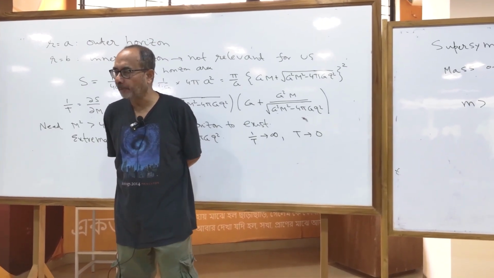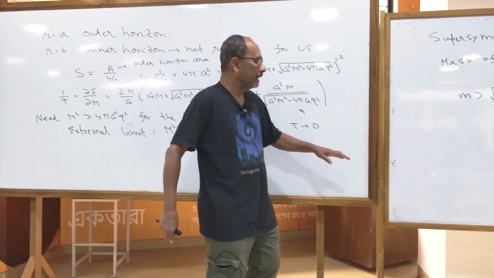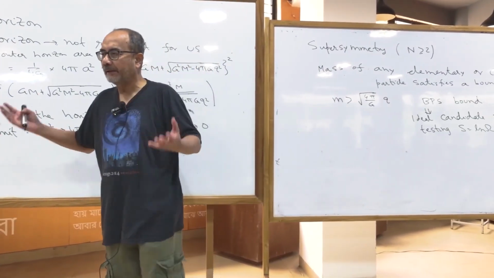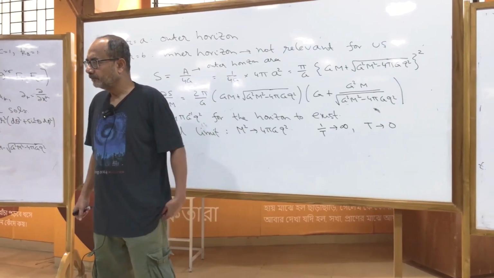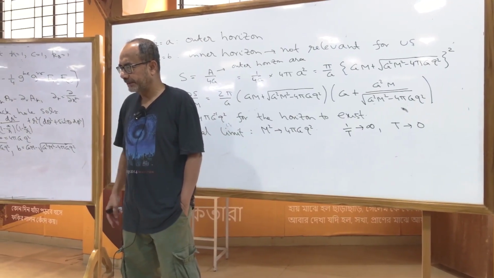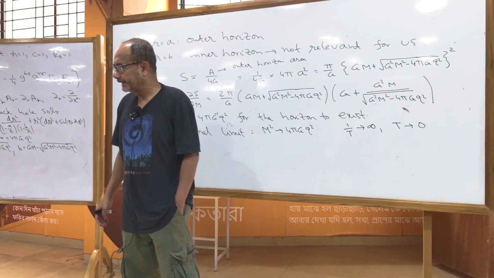But the derivations are completely independent, because it cannot be dependent: here you are talking about all elementary and composite states, everything, which have no horizon in general. You don't assume existence of a horizon, but nevertheless, we find exactly the same bound.